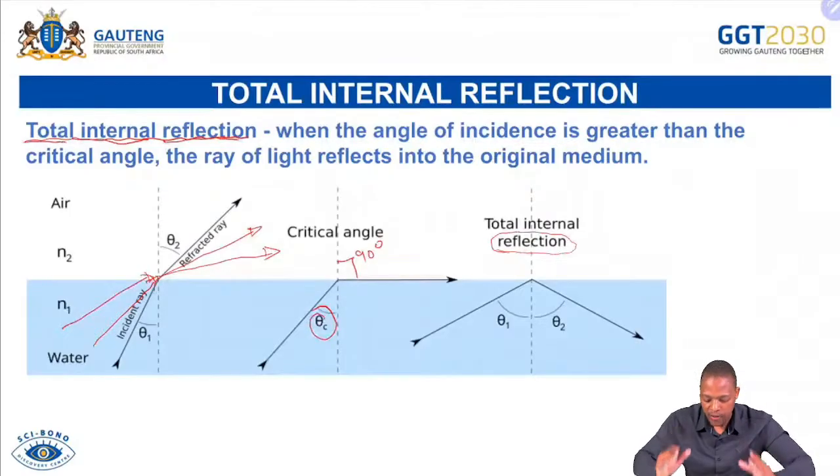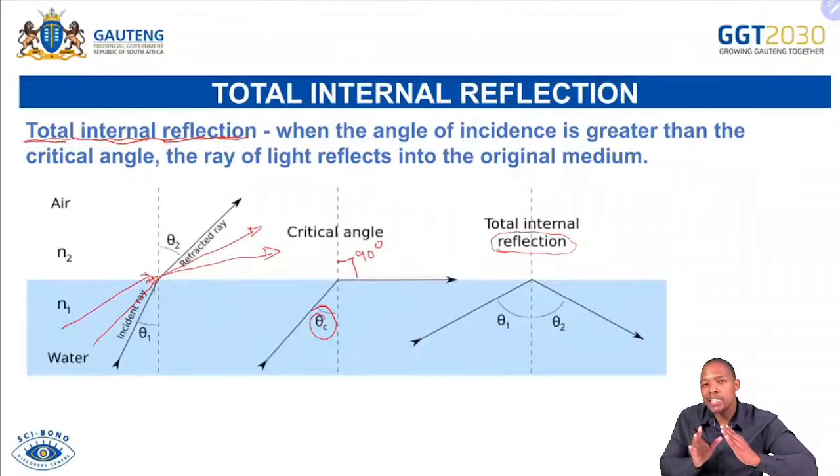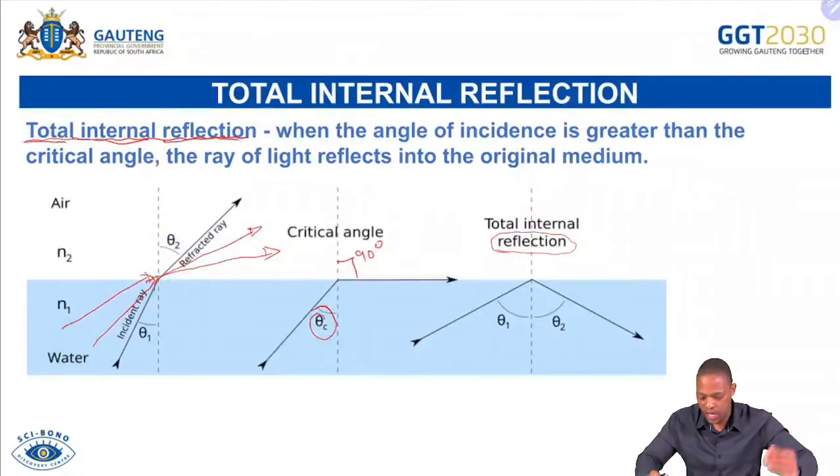Total internal reflection is going to occur if you keep on increasing the incident angle and you reach an angle that is greater than the critical angle. Once you reach an angle that is greater than the critical angle, total internal reflection is going to occur. In that case, grade 12, how do we define total internal reflection?